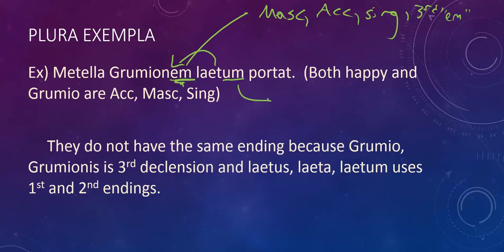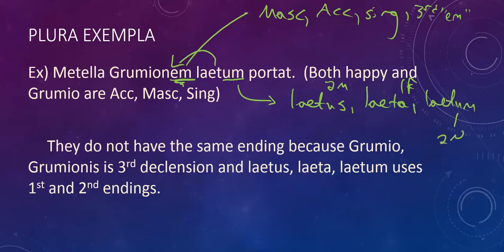Lightus, lightum, I know can use second masculine, first feminine, or second neuter. This UM ending is either second neuter or masculine but accusative. Since Grumio is accusative, I'm betting it is too.